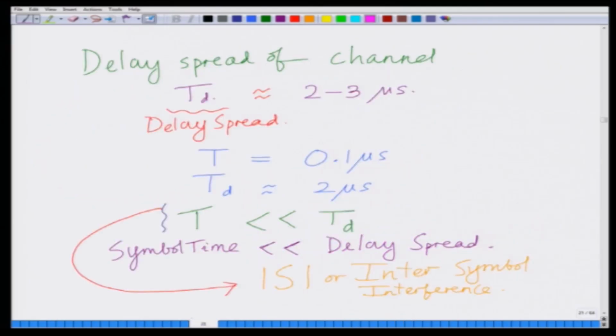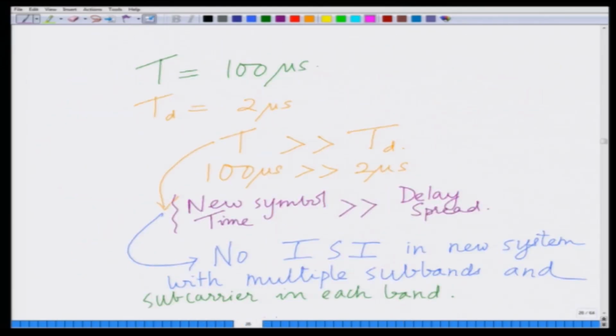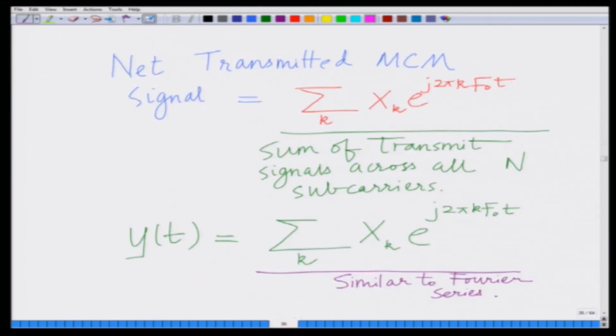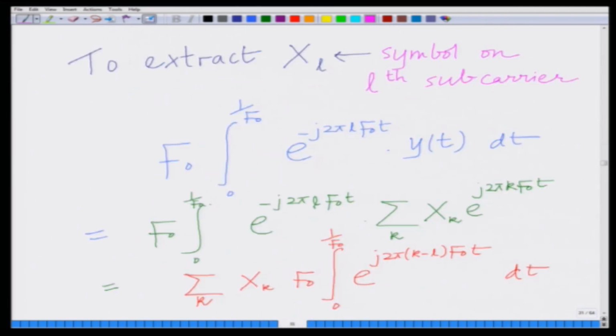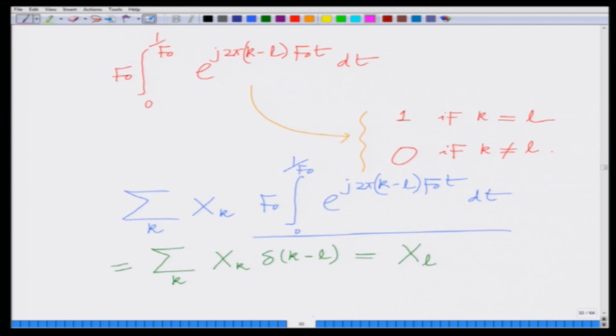First of all, remember the different subcarriers are orthogonal, right. Let us go back to the previous lectures to look at this. If you remember, we looked precisely at this orthogonality property of the subcarriers.